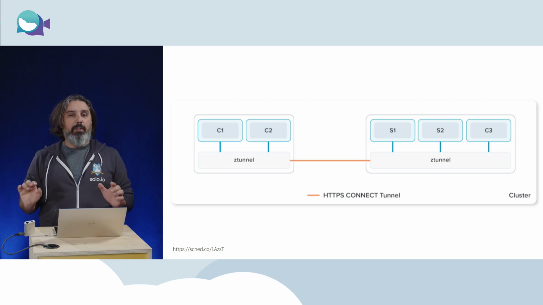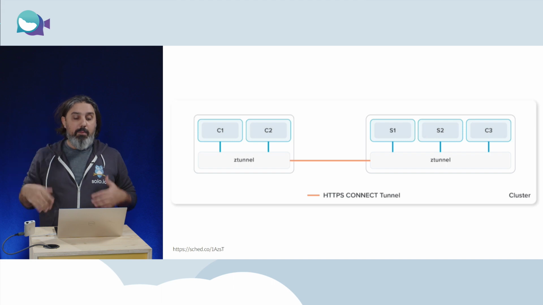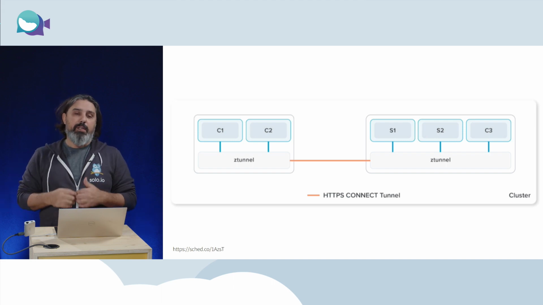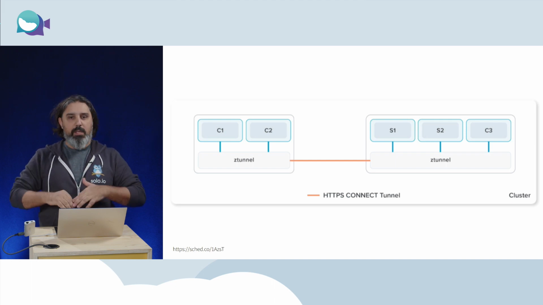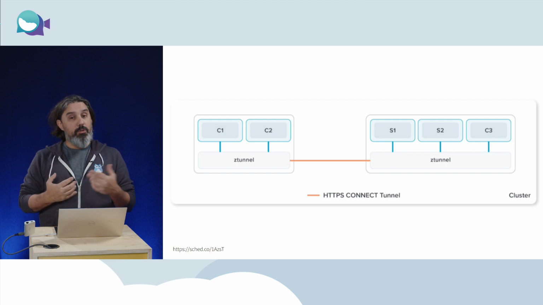Those zTunnels, which are just pods, right? They are just daemon set pods running on every node. They will establish mutual TLS between them. All the certificates are still managed by the Istio control plane.